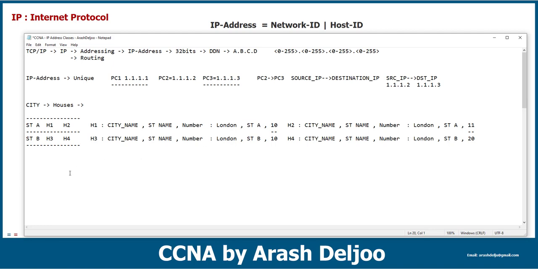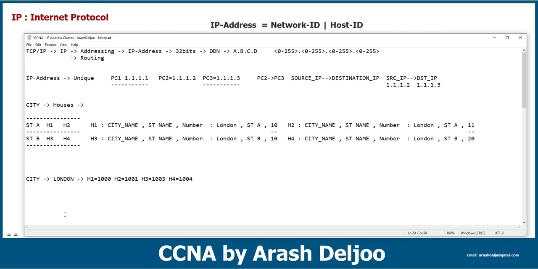Assume that in one large city, for example London, you are using only unique addresses. For host 1, you are using 1000 as the address of this host, for host 2 you are using 1001, for host 3 you are using 1003, and for host 4 you are using 1004.